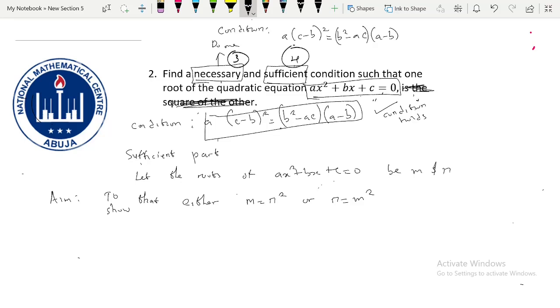Okay, so you know that the sum of roots m plus n is minus b over a, right? And mn is c over a, right? Then you also know that we have this condition.